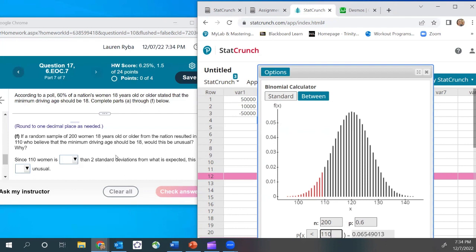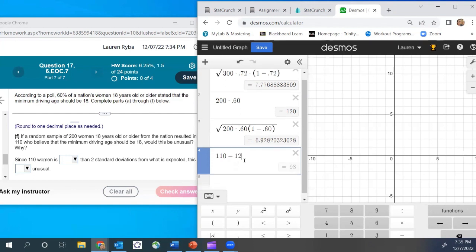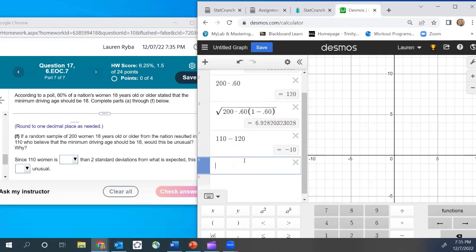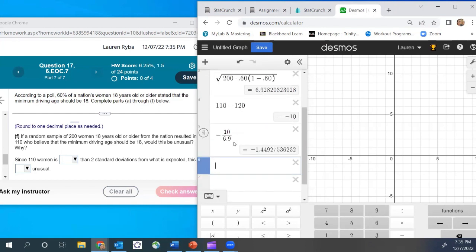One other way to do this is I could check the z-score. So to find the z-score, you take the data value in question, 110, minus the mean, 120, and take that divided by the standard deviation. So take negative 10 divided by our standard deviation, 6.9.